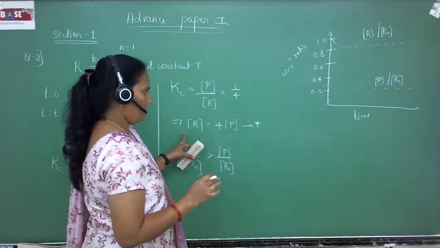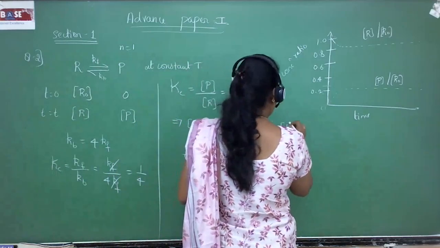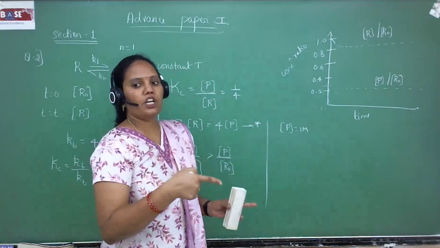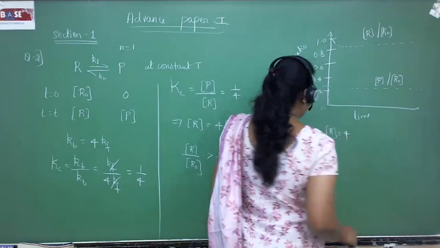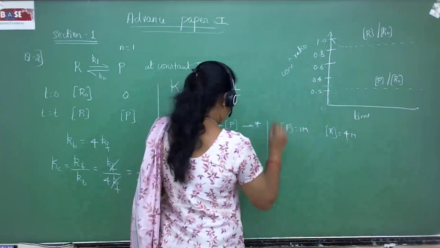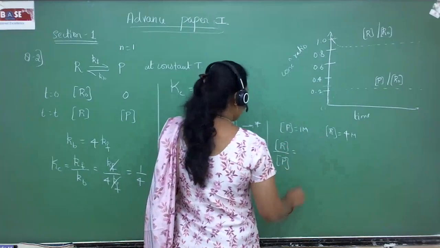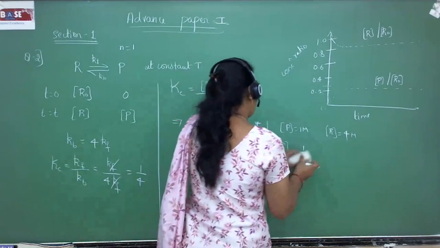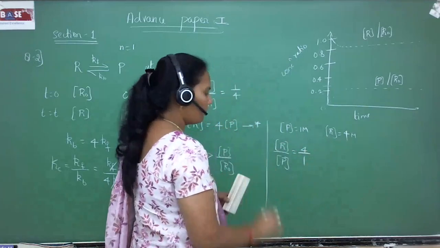From this relation, it is very clear that if I take the concentration of P as 1 molar, then for every 1 molar of P, the concentration of reactant will be 4 times, 4 molar. Therefore, the ratio of reactant to product concentration will be 4 by 1.